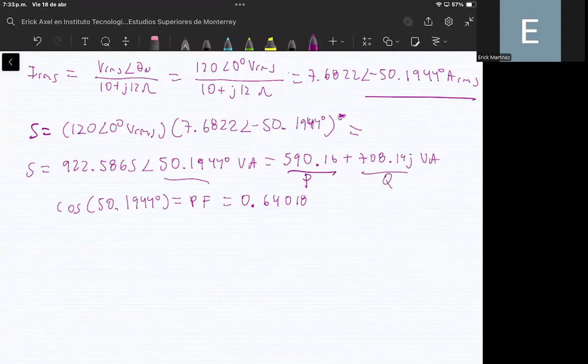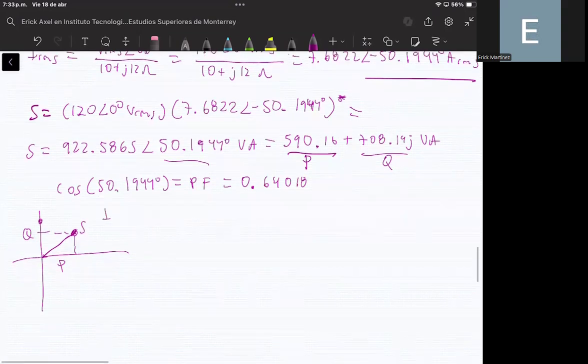And we can plot this complex power in the complex plane. So you have a positive real power and also a positive reactive power, and this is the S value.